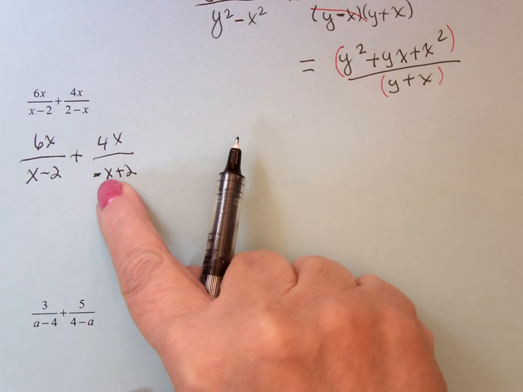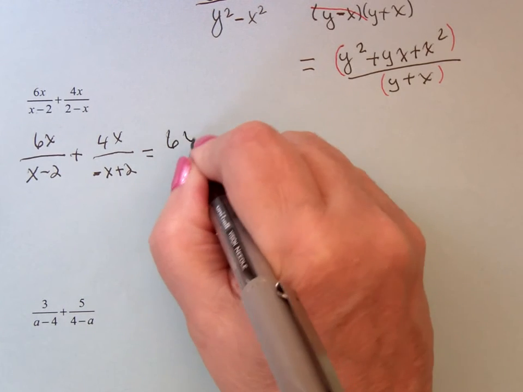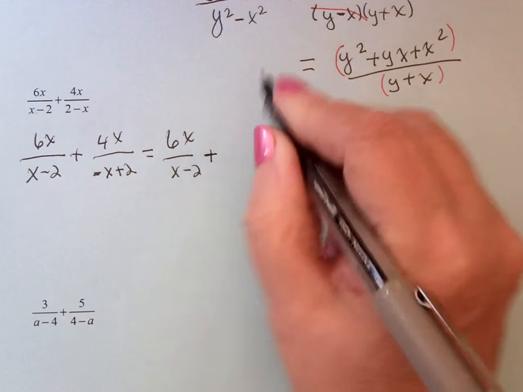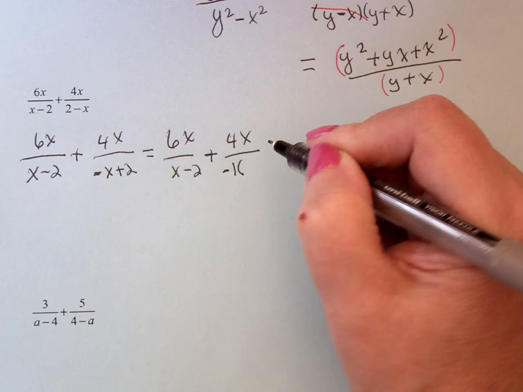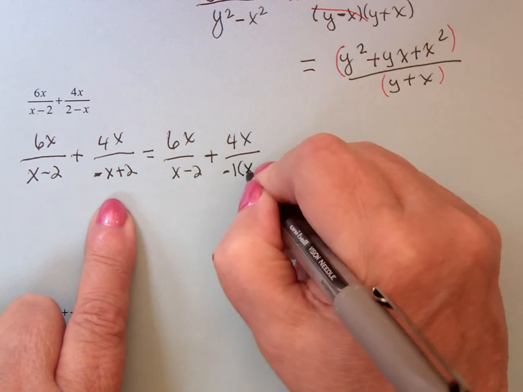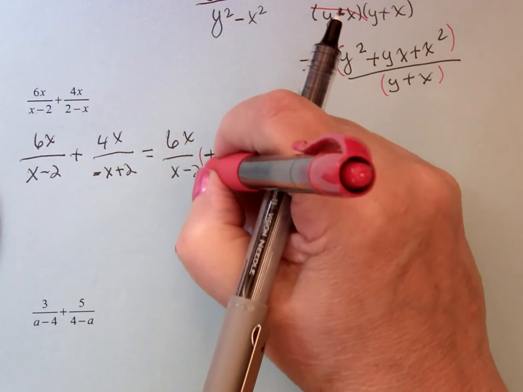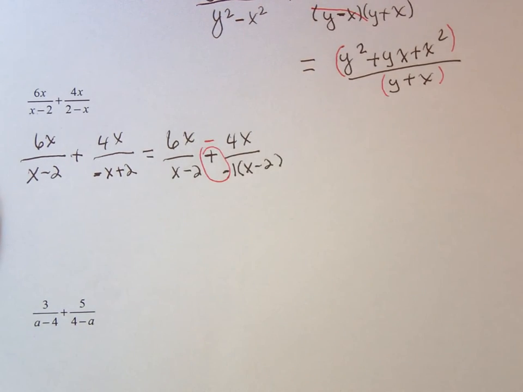Now I have a greatest common factor of negative 1, which would give me 6x over x minus 2, add 4x over minus 1 times, if I factor the minus 1 out, I end up with an x minus 2. Now if you remember, a positive and a negative together give me a negative.